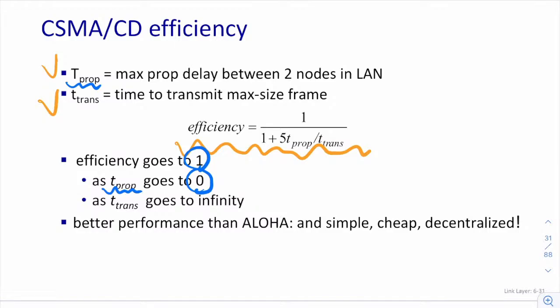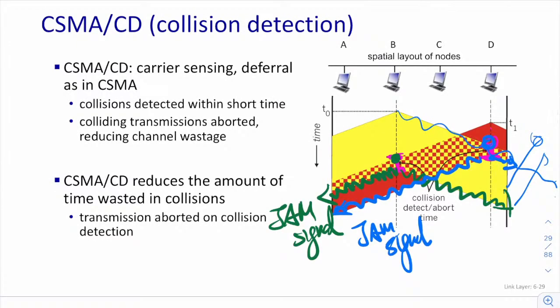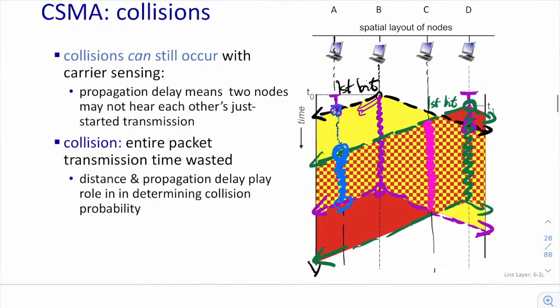The other one is if you have a faster transmission rate. If you have a fast transmission rate, that means the height of the yellow signal will be shorter. If you have a faster transmission rate, you need less time to transfer a frame.